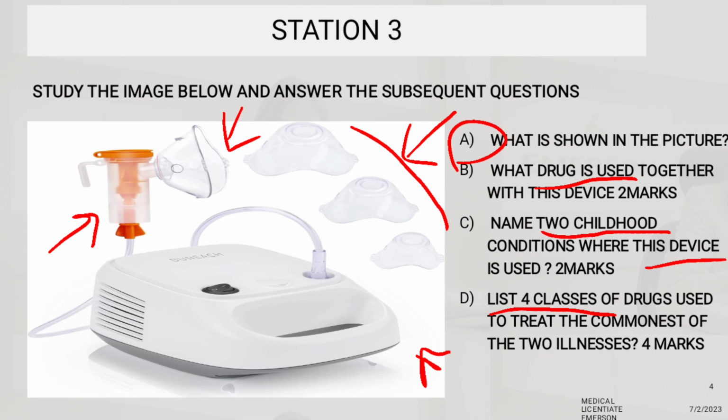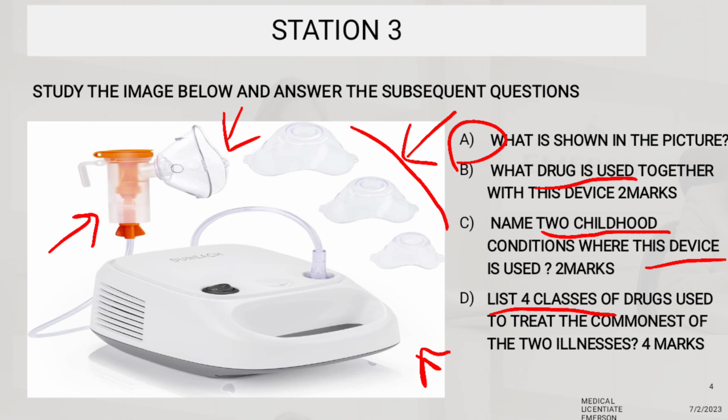Then that's mostly for asthma, so that's the commonest of the 2 conditions. Those are the four classes of drugs we can use. Okay, then maybe if you wanted to put for cystic fibrosis, then that's when you can put your bronchodilators, antibiotics, anti-inflammatory agents, and your mucolytics. But the question just wanted the commonest of the 2, which is asthma.